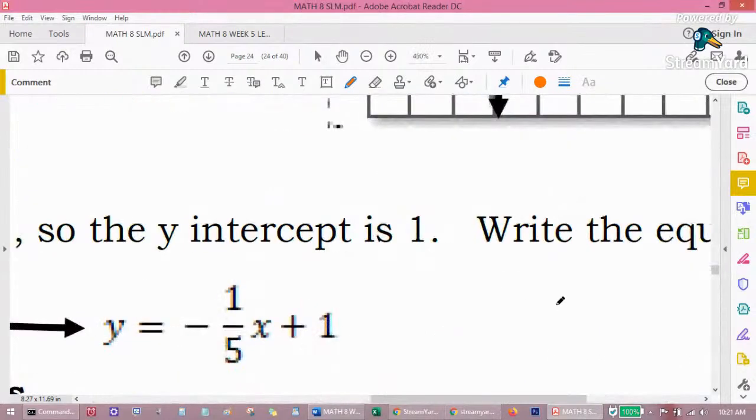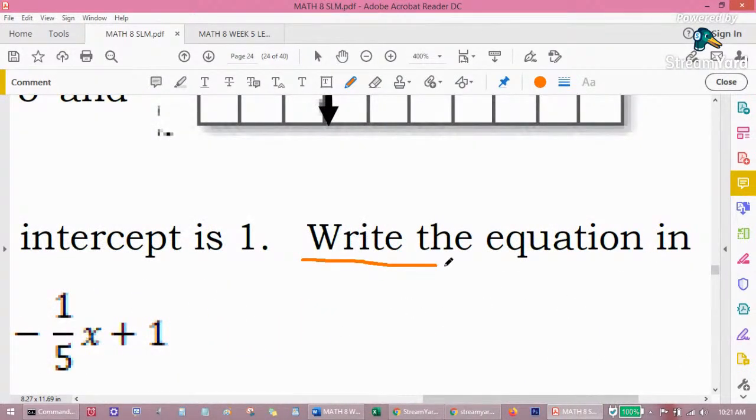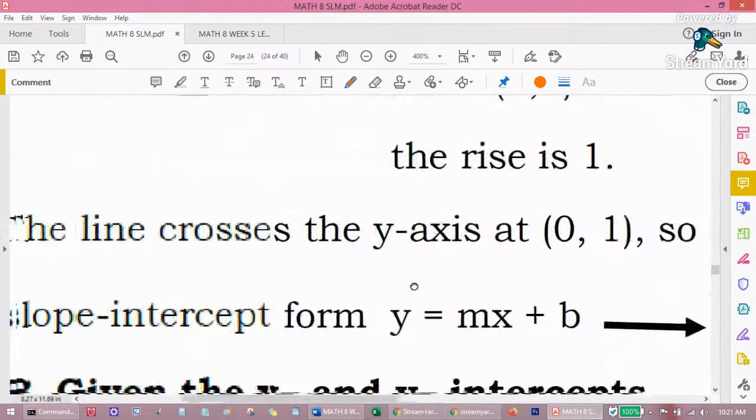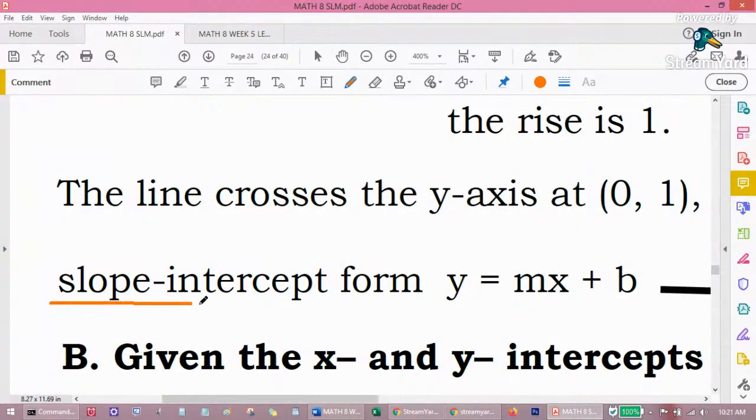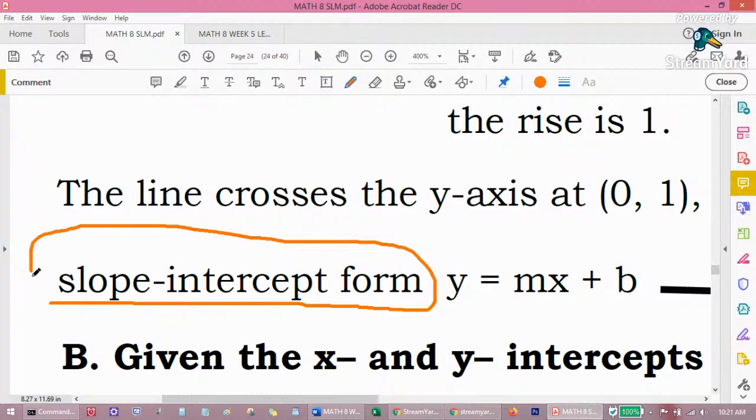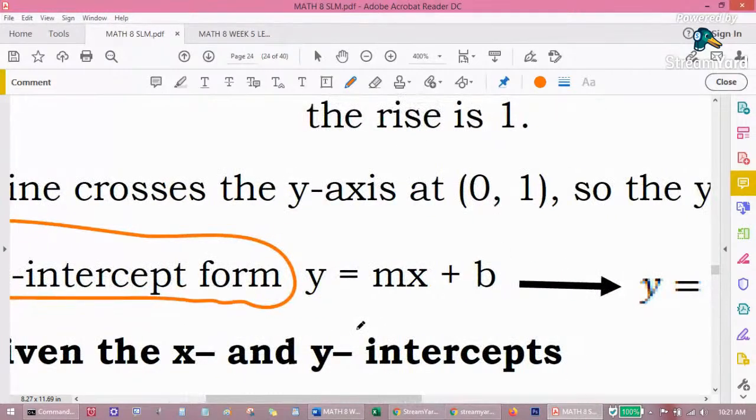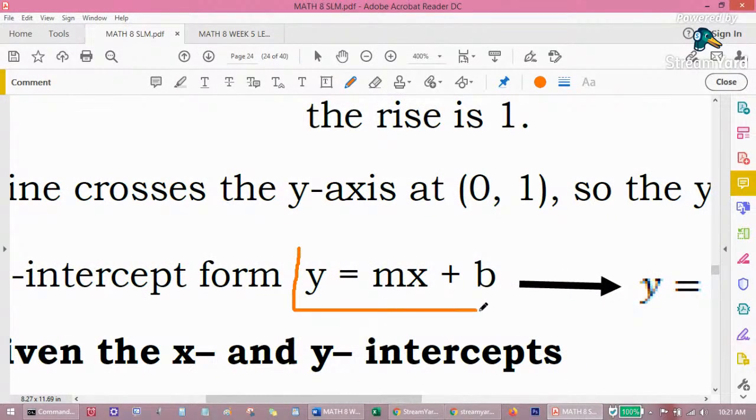The next is pinapasulat sa atin, isulat daw natin, write the equation in slope intercept form. Ano nga ba ulit yung slope intercept form? Y is equal to mx plus b. Ang papalitan nyo lang dyan is m at saka itong b. Okay?